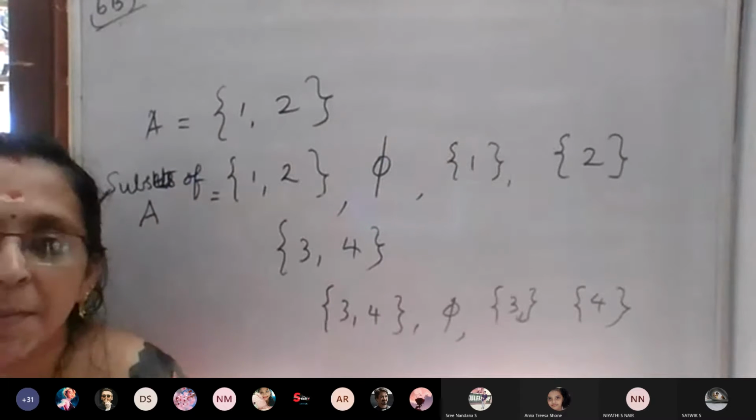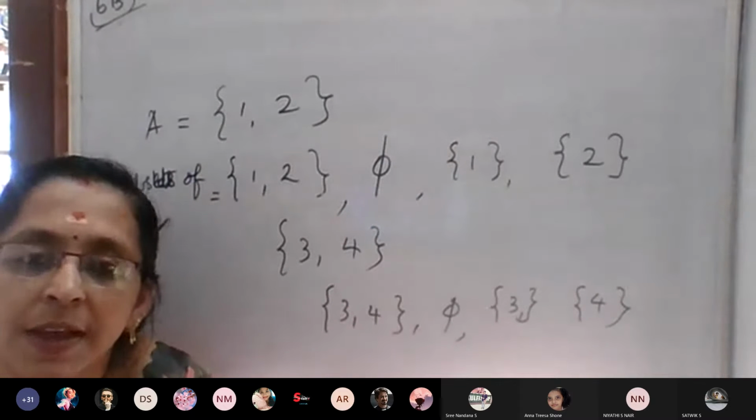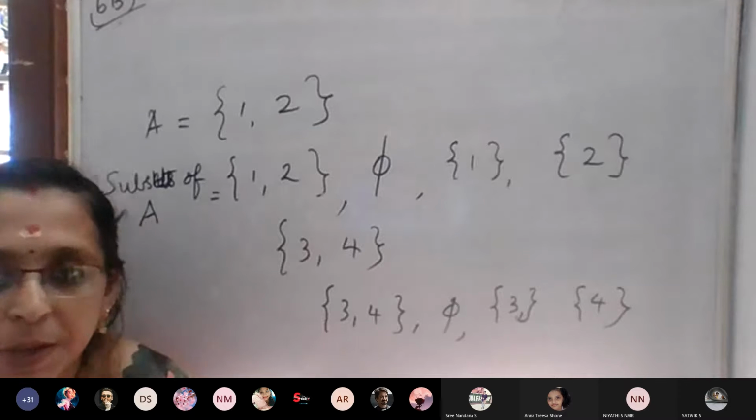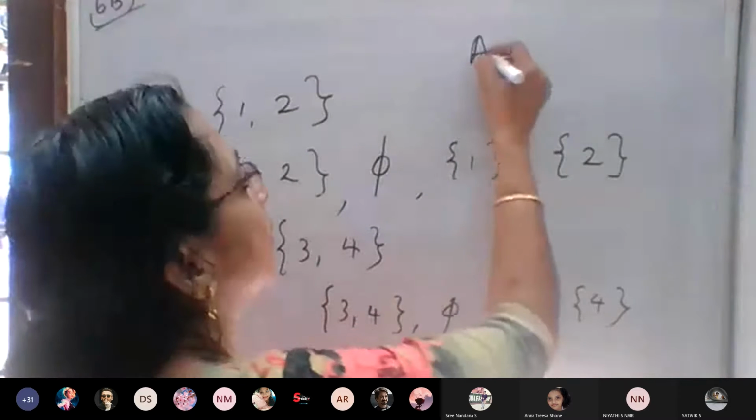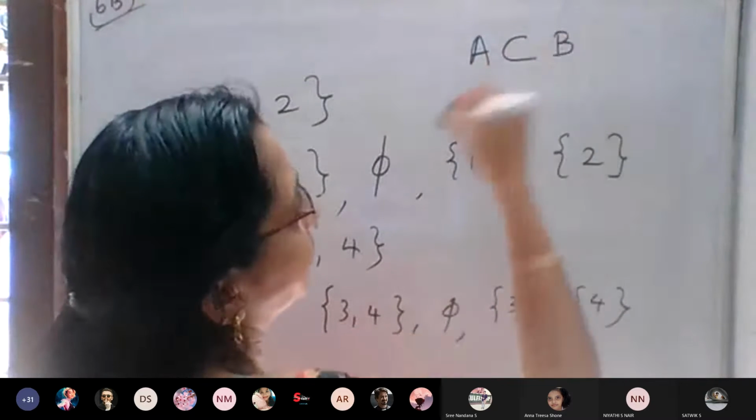So how can we say that A is a subset of B?